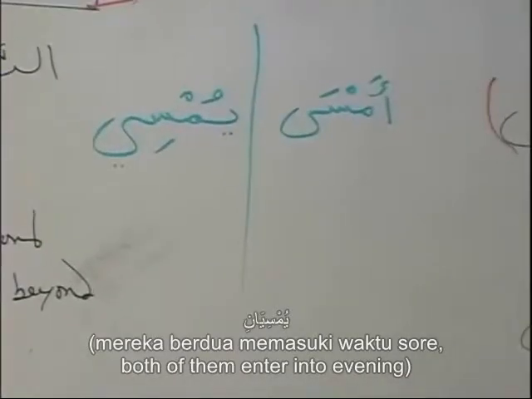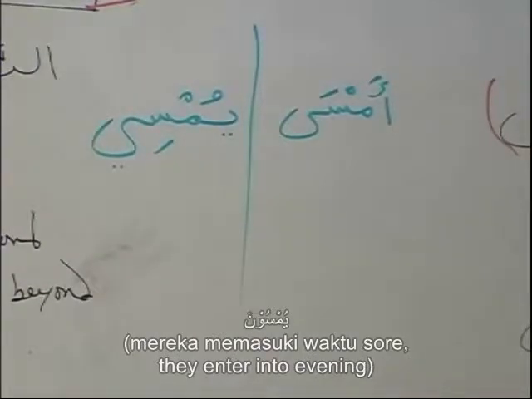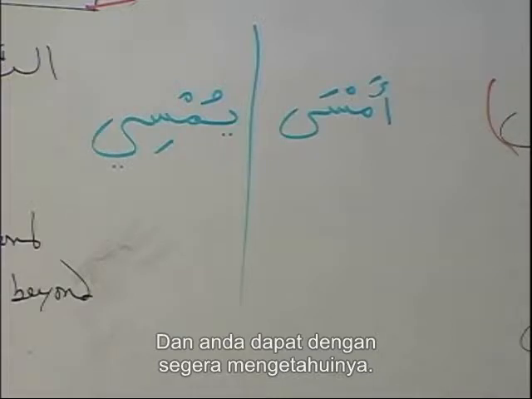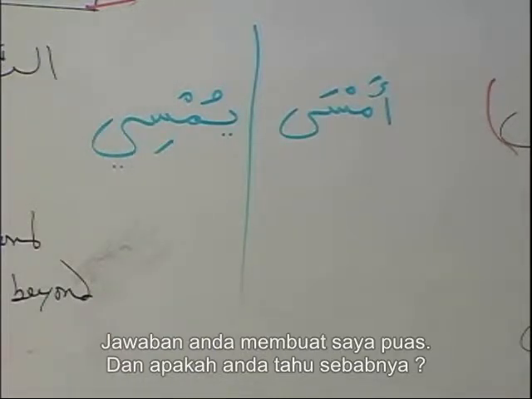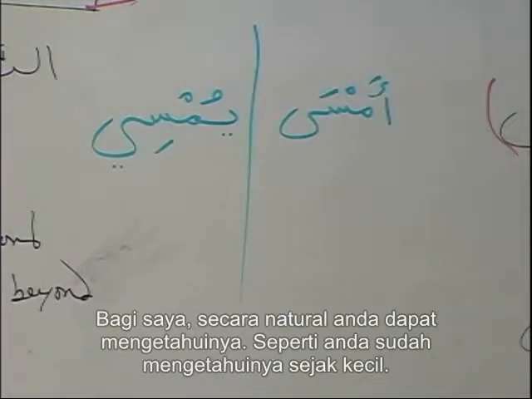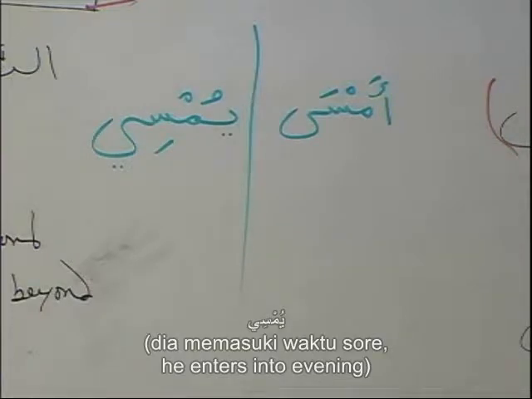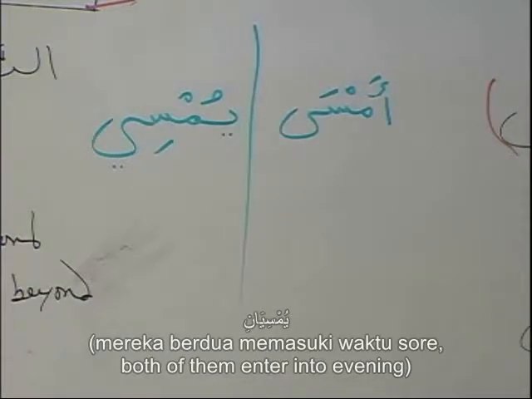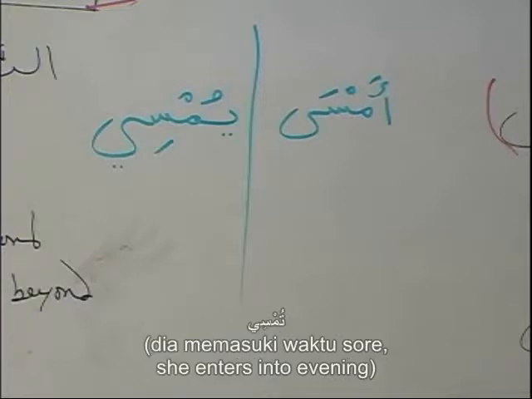Yumsiyani. Now. Yumsuna. MashaAllah. Alhamdulillah. See, immediately you can figure it out. And I'm so delighted with your answers. You know why? To me it seems it comes to you naturally now. As if you knew this from your childhood. Okay. Yumsi, yumsiyani, yumsuna.